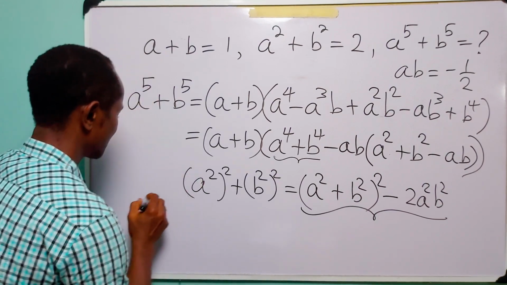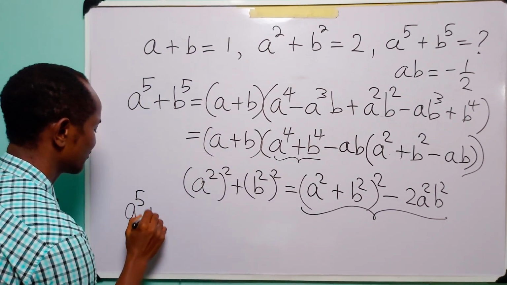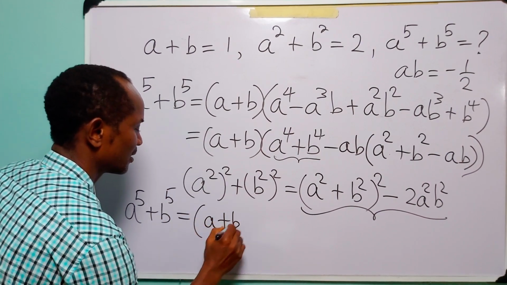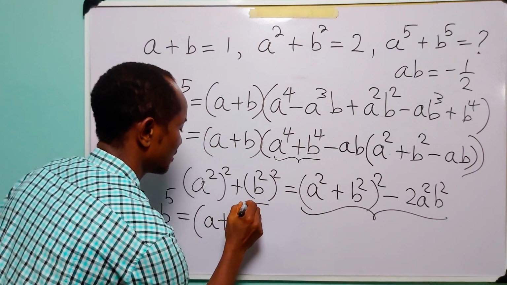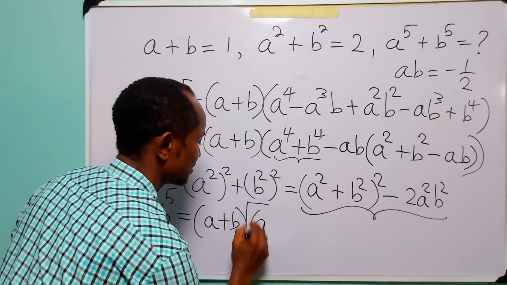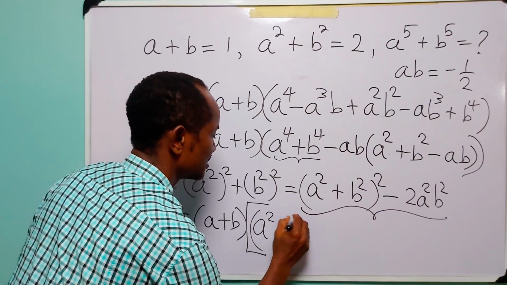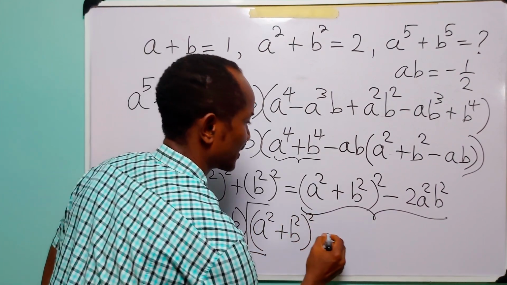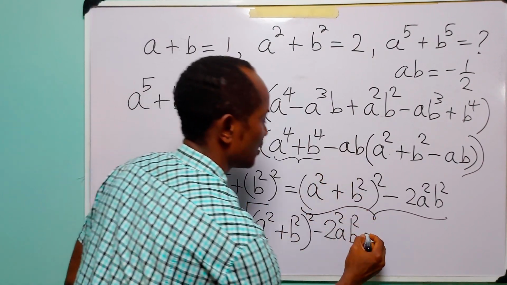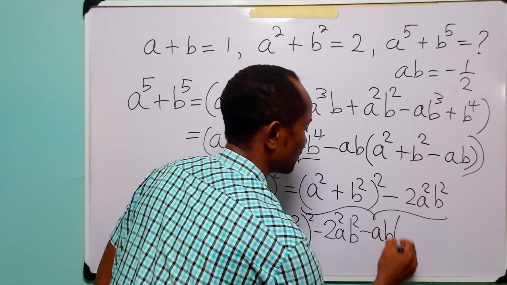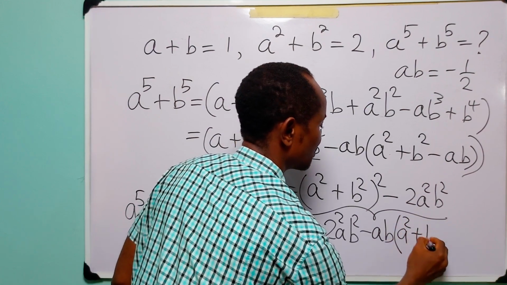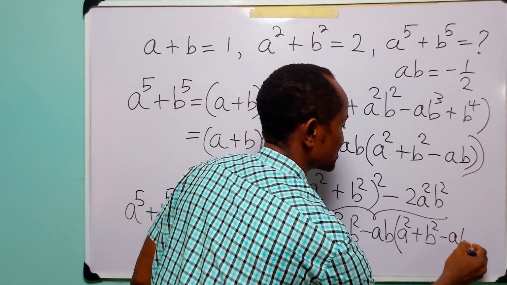And when we do that, we have that a to the power 5 plus b to the power 5 is equal to (a plus b), that is this, multiplied by this, which now becomes (a squared plus b squared) squared minus 2a squared b squared, then minus ab multiplied by (a squared plus b squared minus ab).